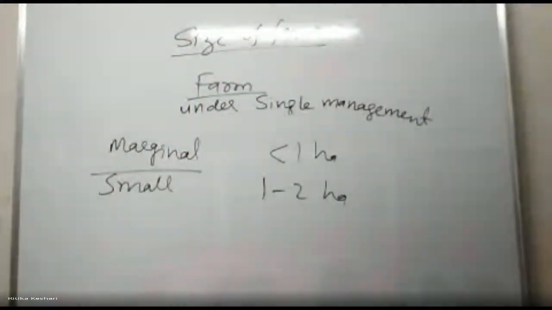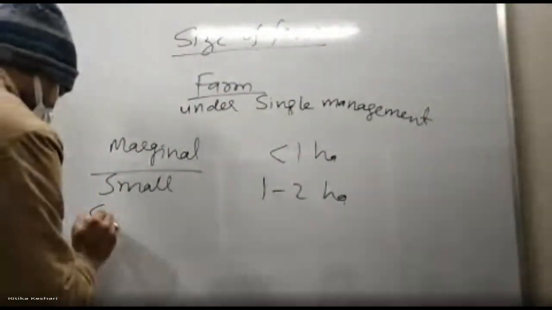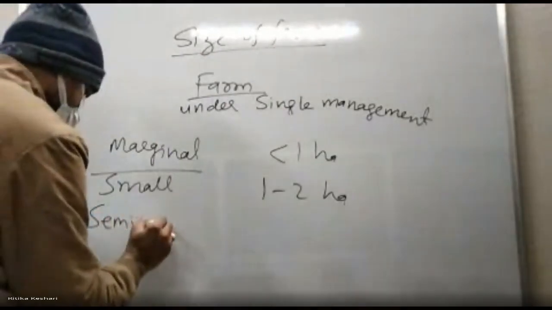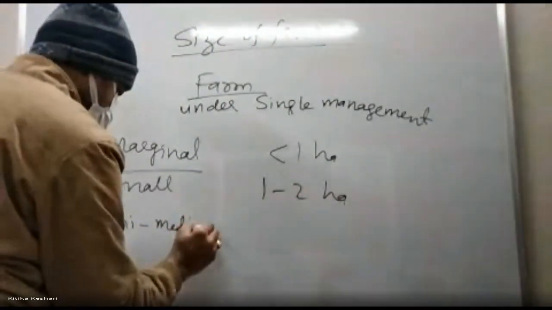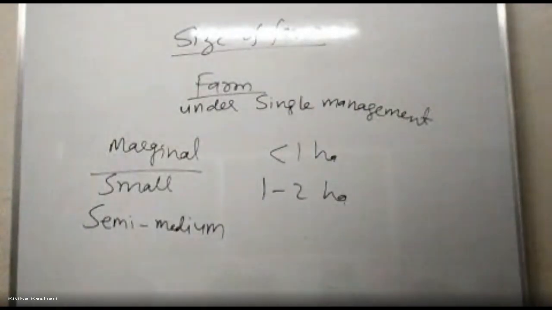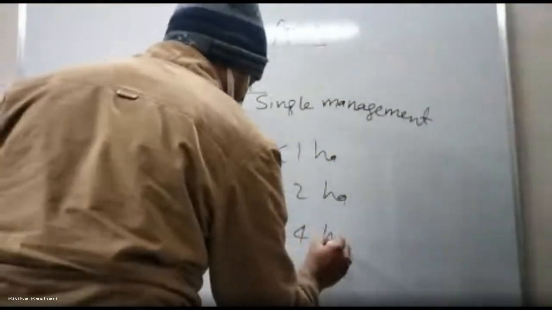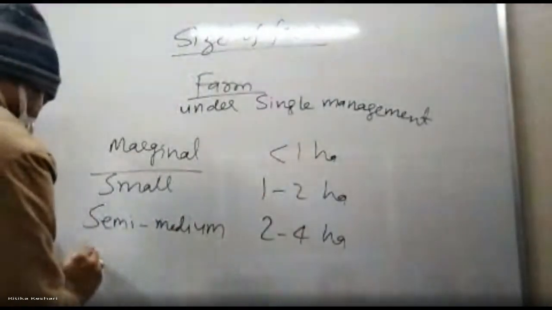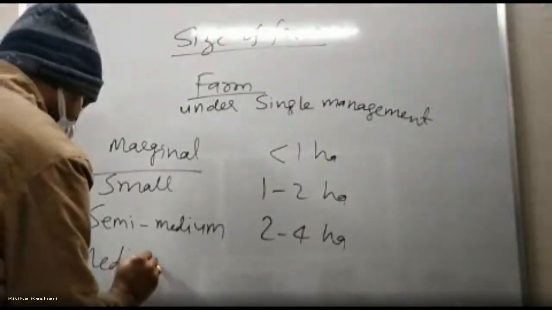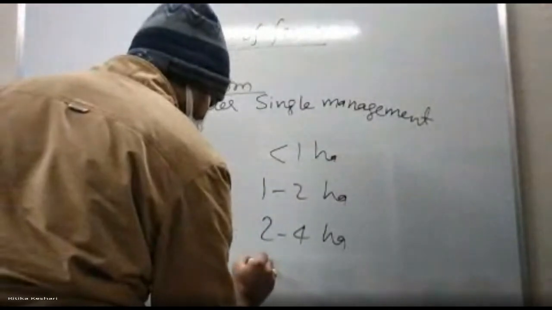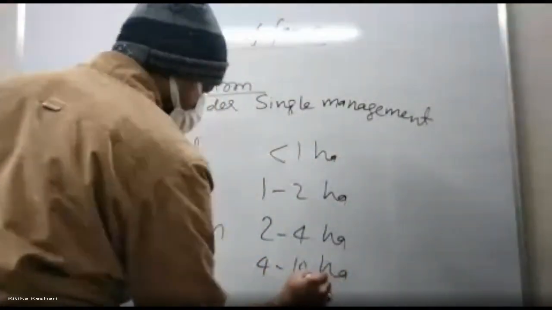They have semi-medium farm, which measure 2 to 4 hectare. Then we have medium farms, which have 4 to 10 hectare.